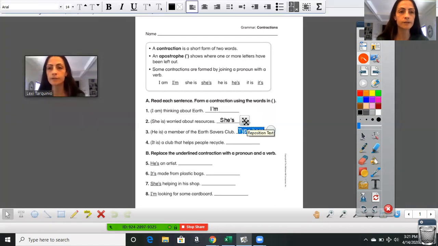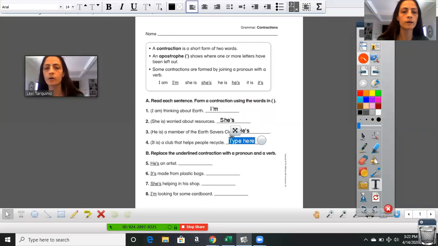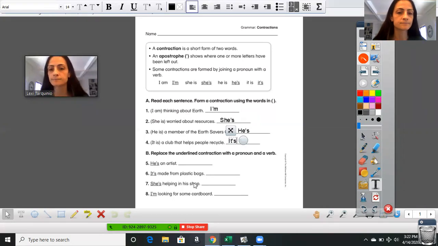How are we going to squeeze those together? Get rid of the I and put in the apostrophe. It is a club that helps people recycle. It's a club that helps people recycle. It, apostrophe, where the I would have been, add on your S.